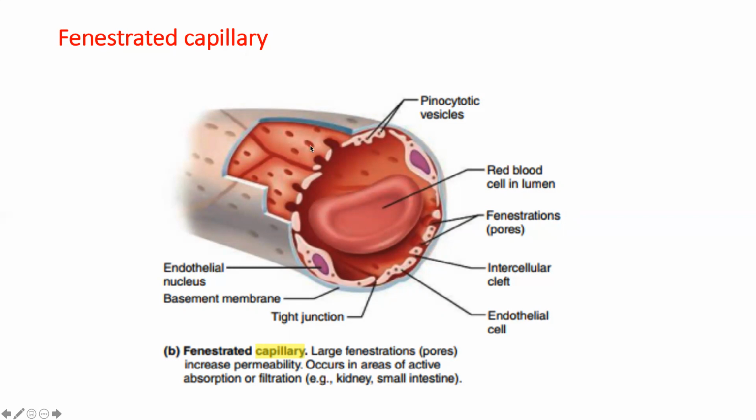Because of these fenestrations, there must be more transfer from the intraluminal, inside the capillary lumen, to outside the cell. And therefore, this type of capillaries, we want to use in sites of the body where there should be some transfer, like absorption, filtration. And therefore, we will use this type of capillaries in kidneys and small intestine.